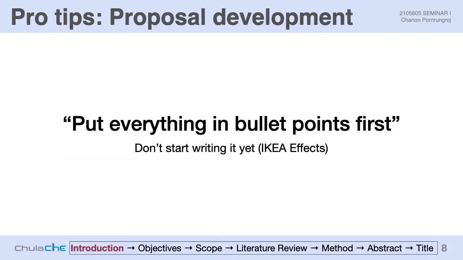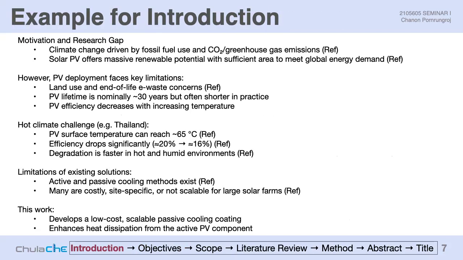I wouldn't have time to read 20 pages of AI-generated text, right? It's better for you to do this first. Put everything in bullets, right? The topic, what you're going to discuss, the main key message, and then put the reference in every bit.